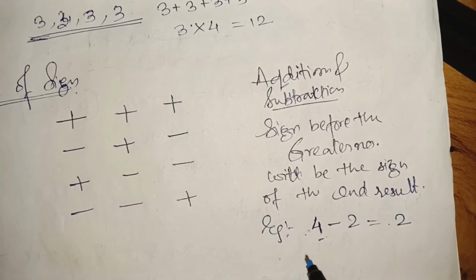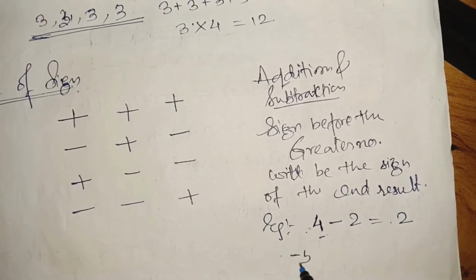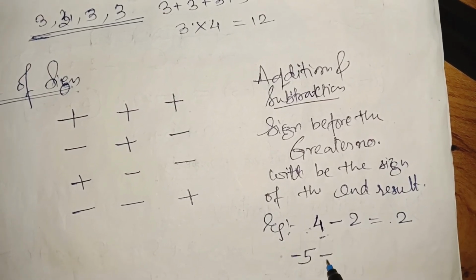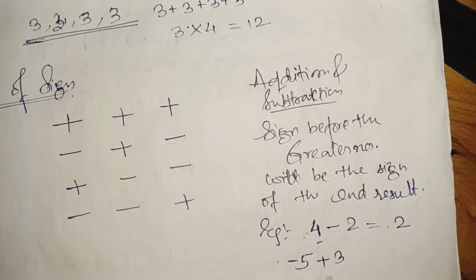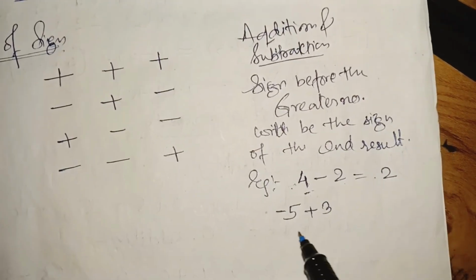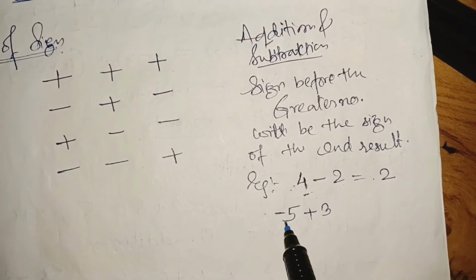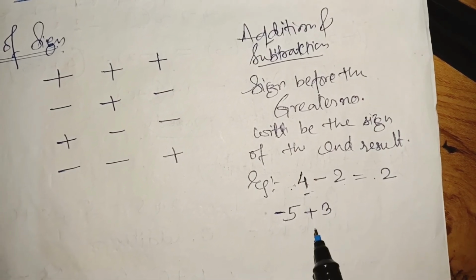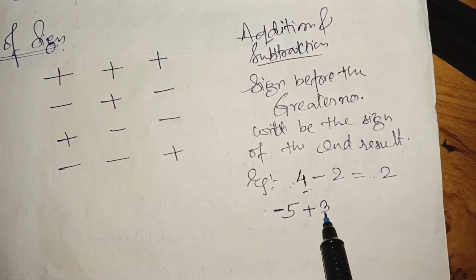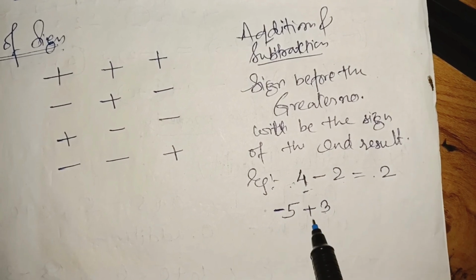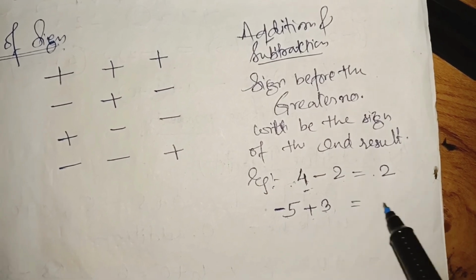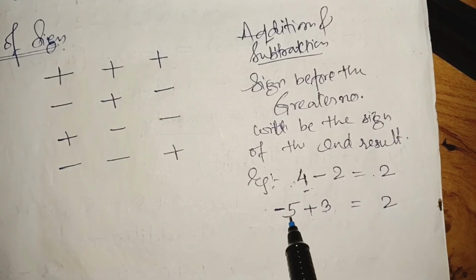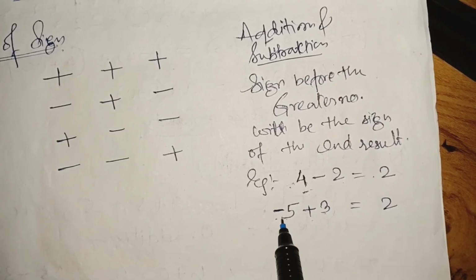And for example, take some other example like minus 5 plus 3. You have this. Then what happens here? Whenever we have this kind of number, one is minus and other is plus. That means definitely we need to do the subtraction here. So 5 minus 3 is what? 2. And what is the sign before the greater number? It is minus.